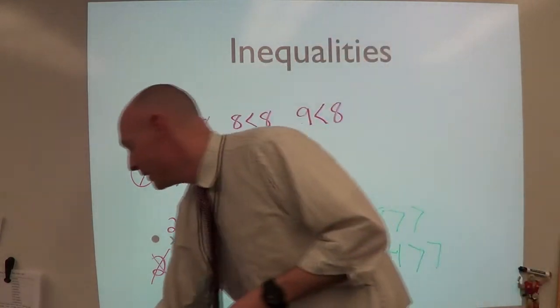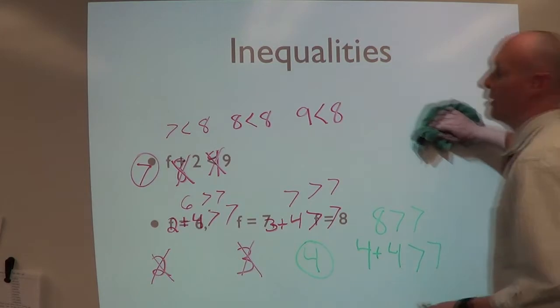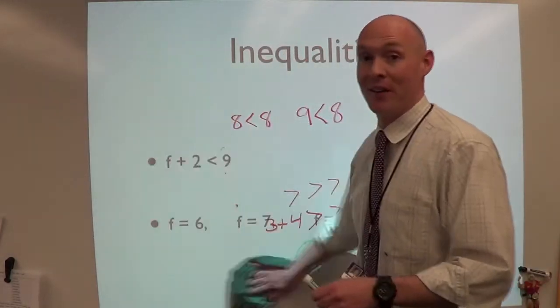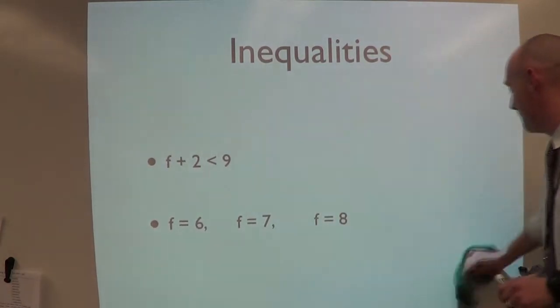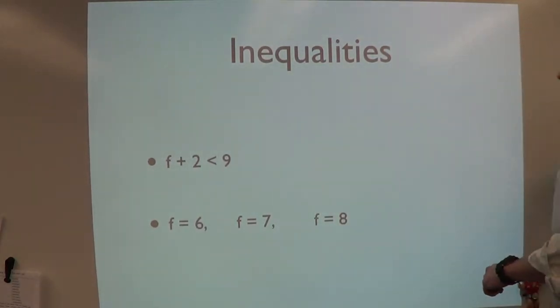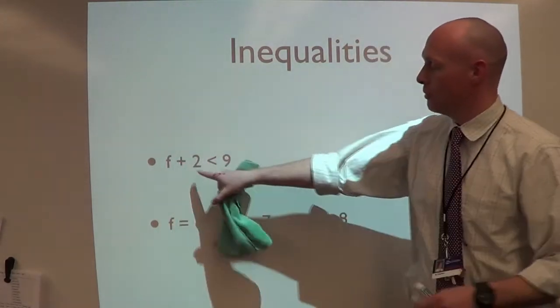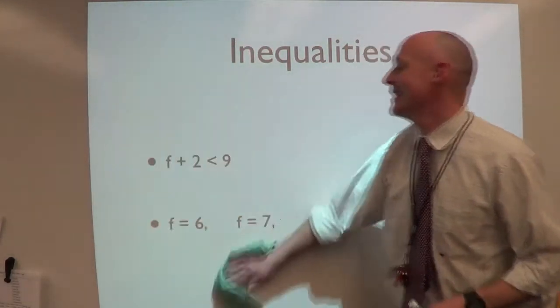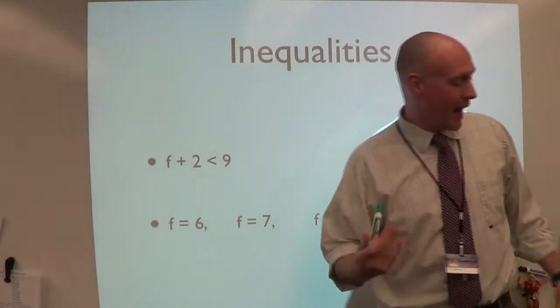Let's do another one. This is an instance where you're given an inequality, f plus 2 is less than 9. And I give you some numbers that f could mean.